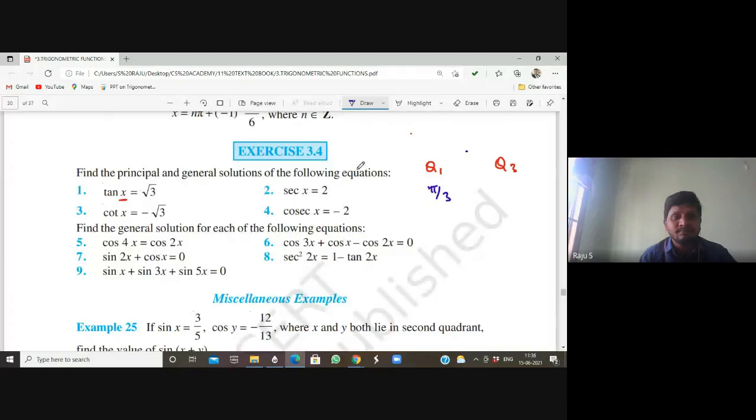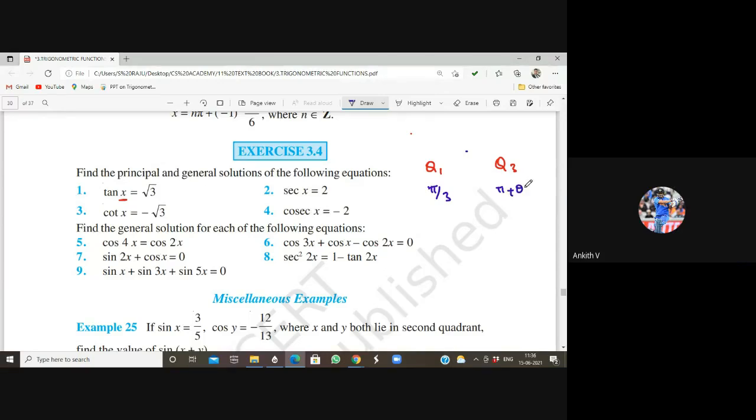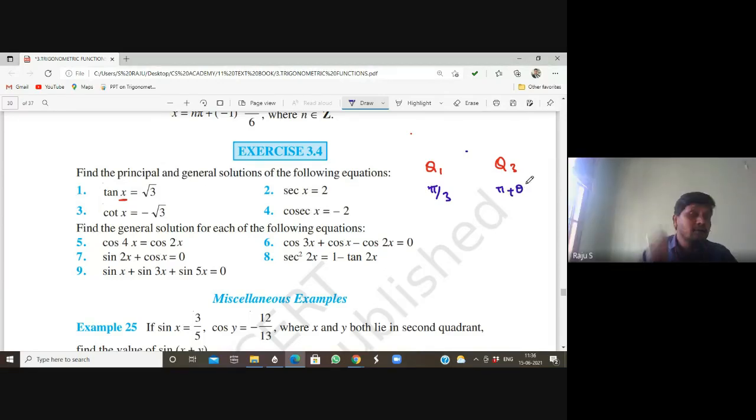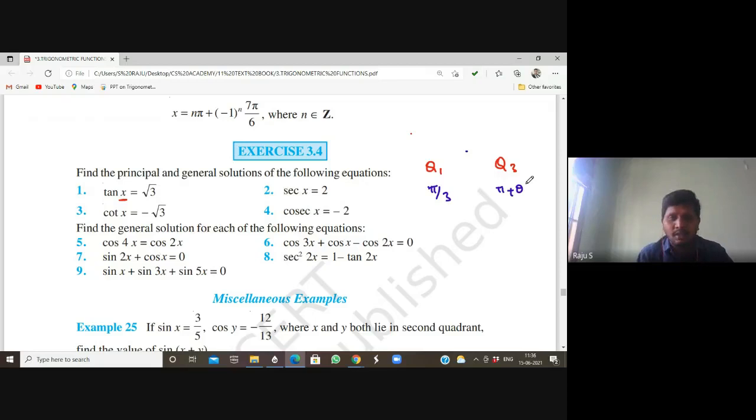Then another one, in quadrant 3. What is the angle? 180 plus theta. Exactly. In the third quadrant, we can write two ways: 270 minus theta, 180 plus theta. In the second quadrant also two ways: 90 plus theta, 180 minus theta.